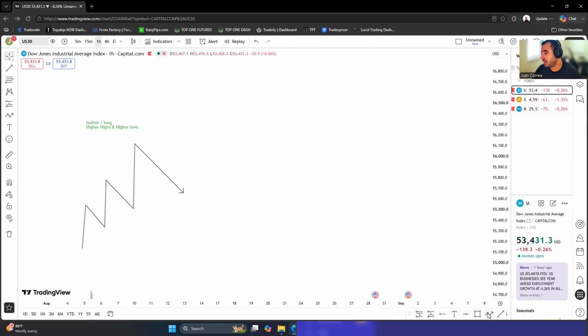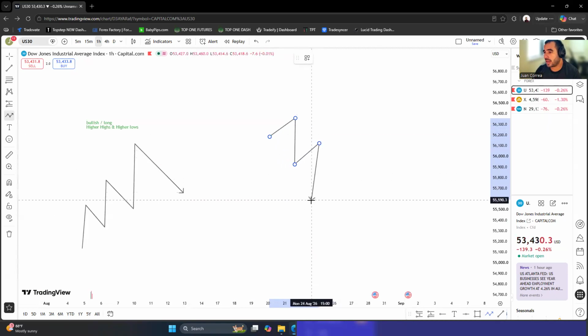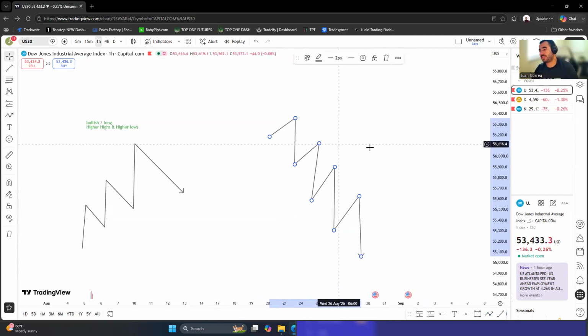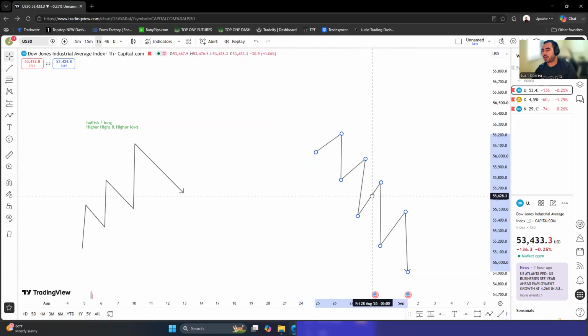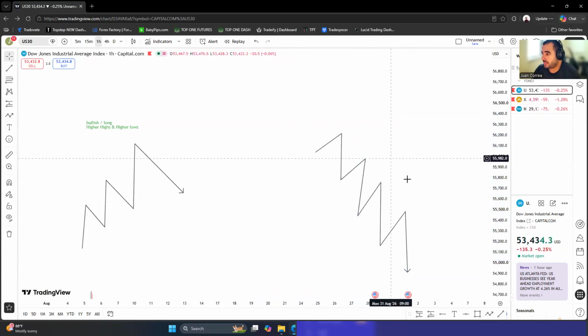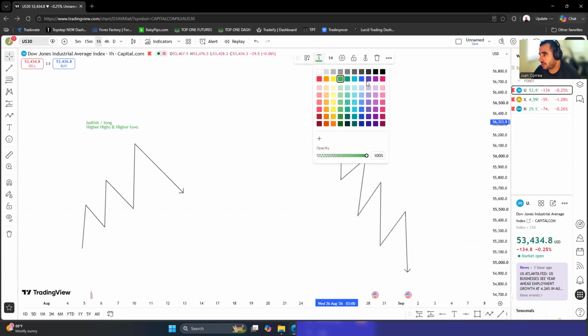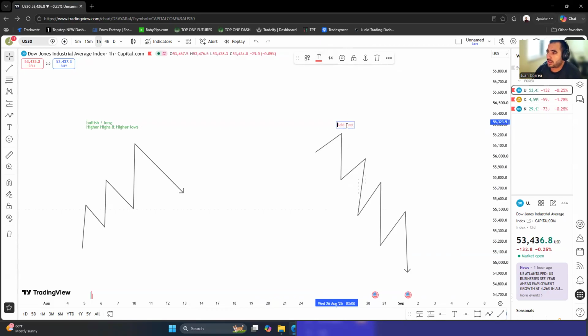Now, a bearish market is when it goes lower high, lower low, lower high, lower low, lower high, lower low, lower high, lower low. All right, so that's basically a bearish market right here. Let me write this down right here, and let me put this on red.